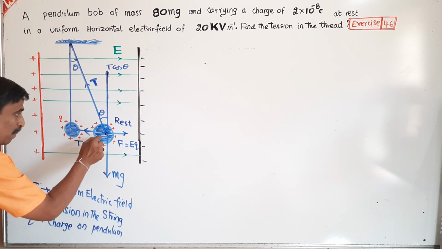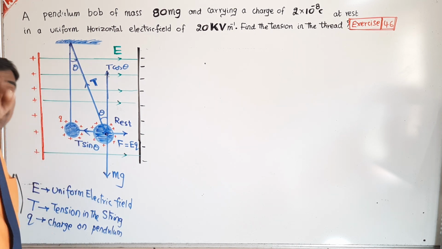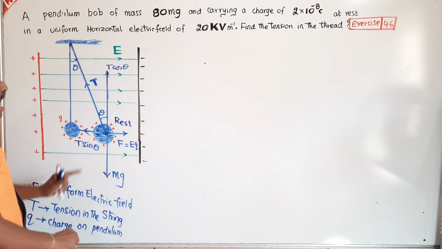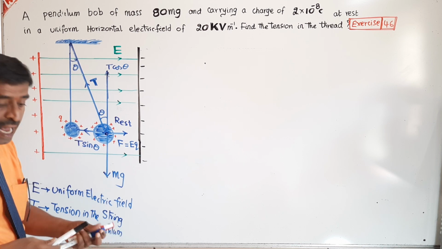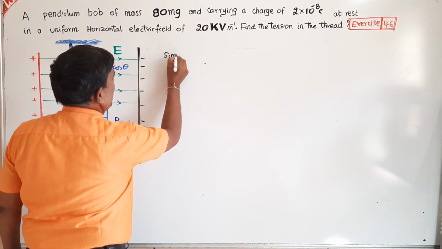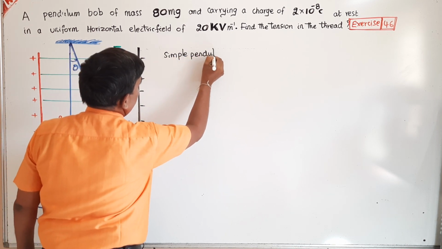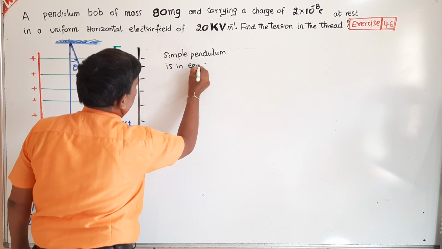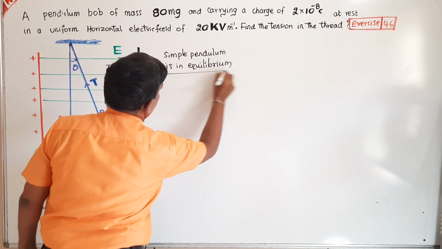Now, this simple pendulum is in rest position or equilibrium position. Resultant force is 0. Left side force is equal to right side force, and upward force is equal to downward force. Now please listen. The simple pendulum is in equilibrium.